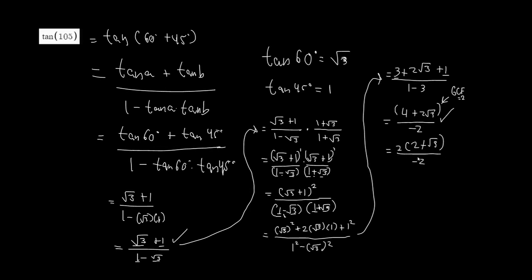So 2 divided by negative 2 is negative 1. Then 2 plus square root of 3. So the answer here is negative 2 minus square root of 3. And that is your final answer. It's long, right? But hey, trust me, it will be worth it if you keep practicing.